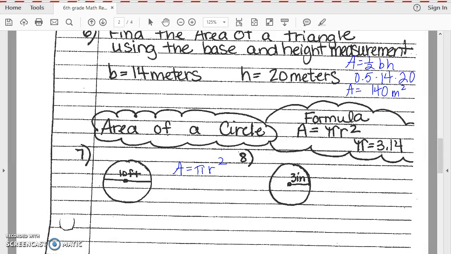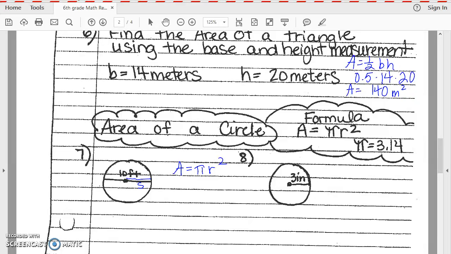How am I going to find the radius? The diameter goes all the way across the circle. The radius goes halfway. How am I going to figure it out? I'm going to cut it in half. So from here to here is my radius. And so if that is half of it, then what is my radius? 5. Okay, so my radius is 5.